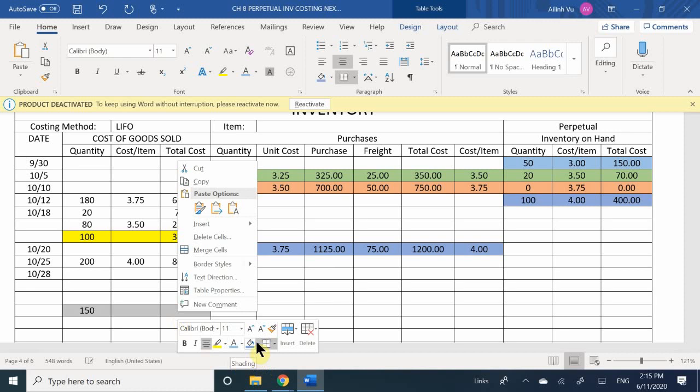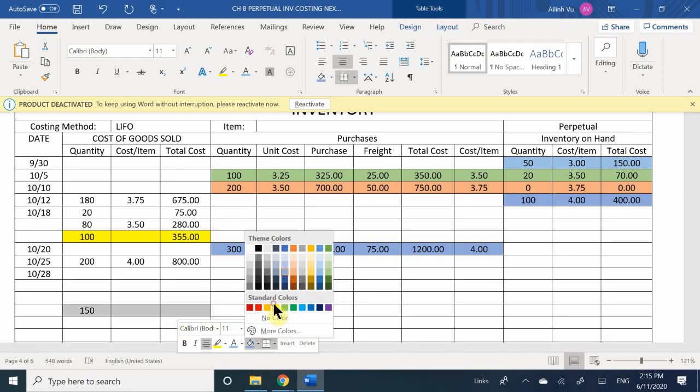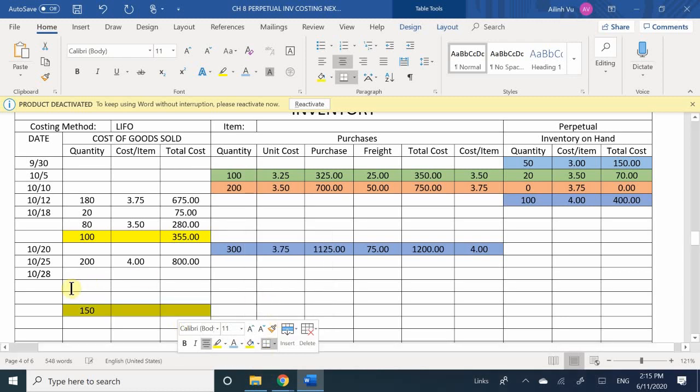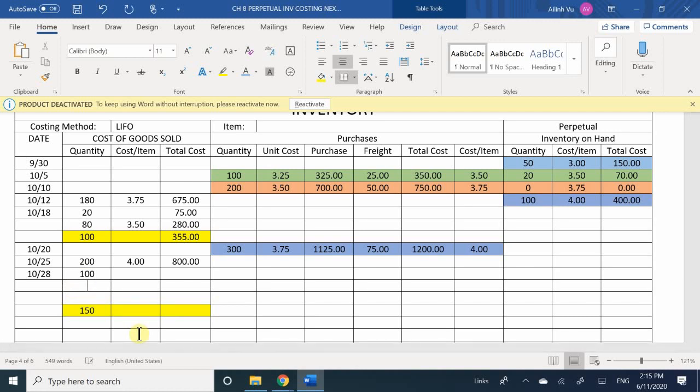I'm going to highlight this yellow. So you're going to take the 100 from the purple, take the 20 from the green, and then take the 30 from the blue. Correct. So if we take from the purple, how much is purple worth?